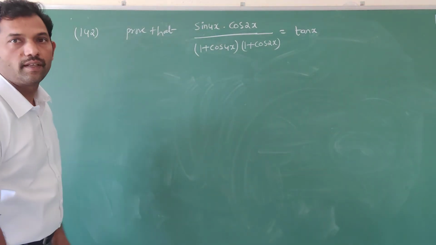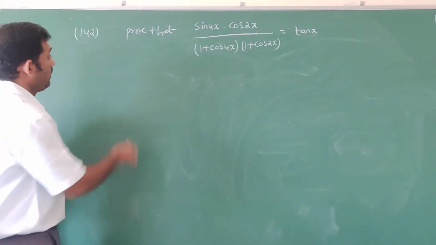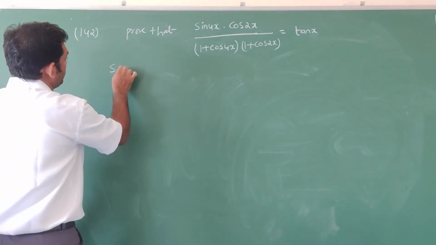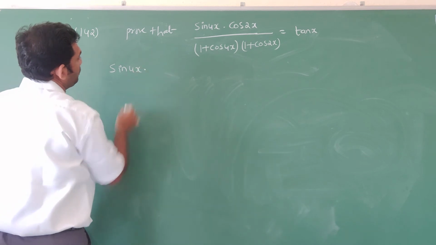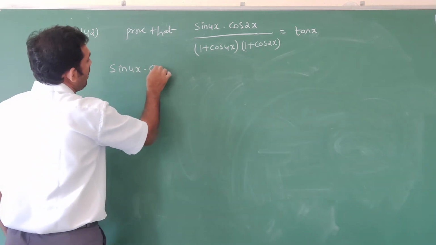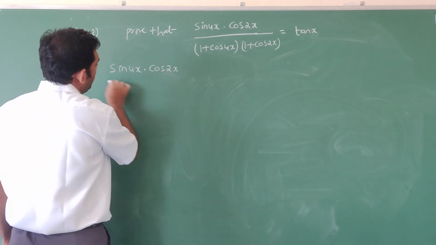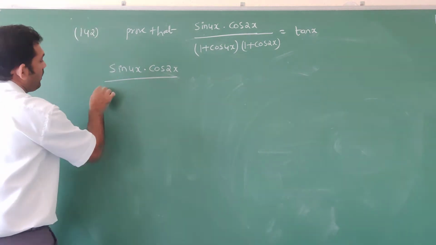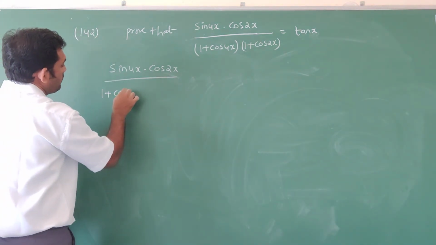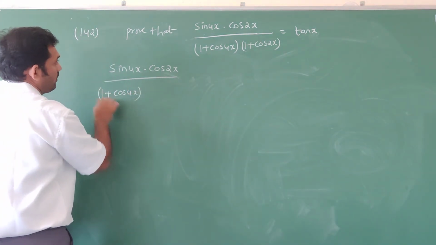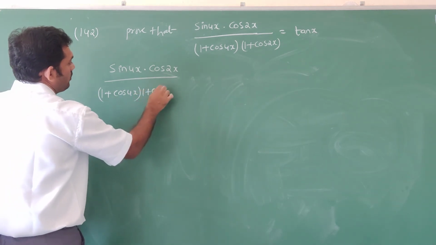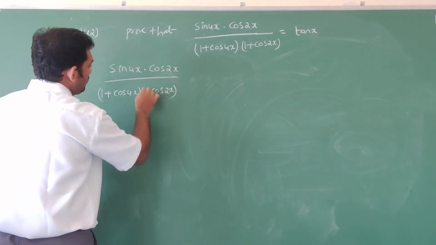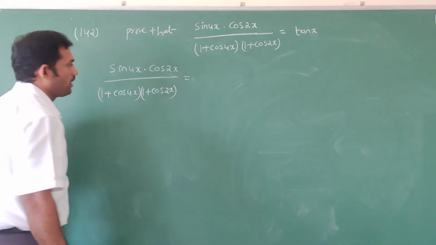Listen carefully to this one. Sin 4x into cos 2x, you take the LHS value, divided by (1 plus cos 4x)(1 plus cos 2x). So you write the formula.